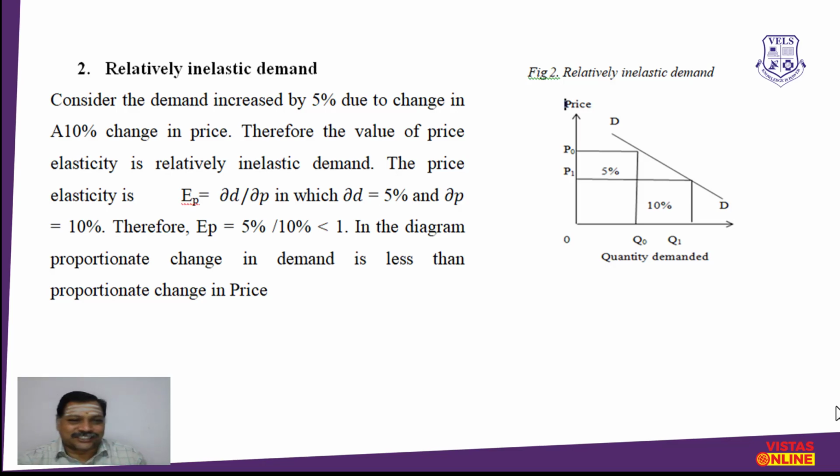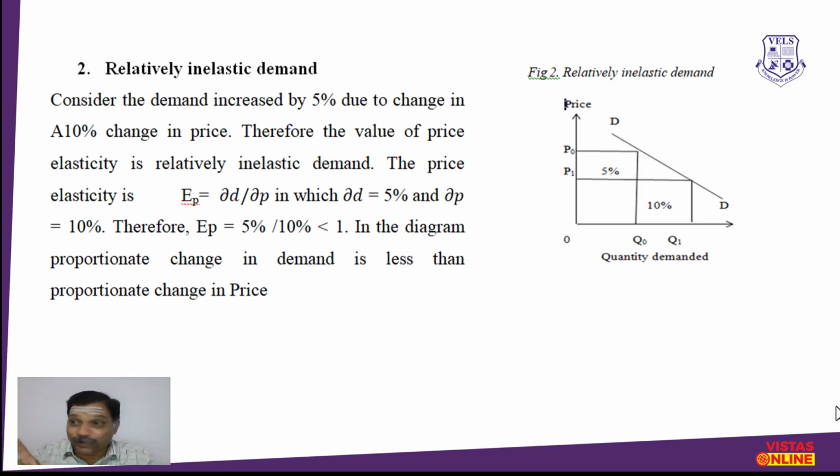Suppose the situation changes. The demand is increased only 5% because there is a change in price by 10%. Here, the change in price is more, the change in demand is less. So when we calculate the price elasticity, ∂D by ∂P, 5% by 10%, it will be less than 1.